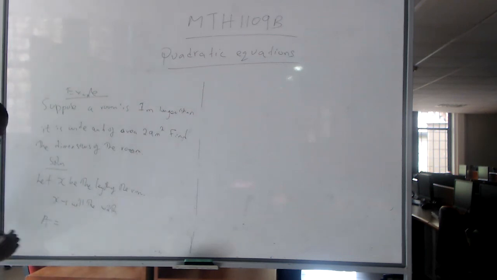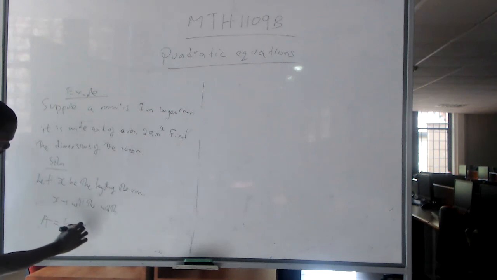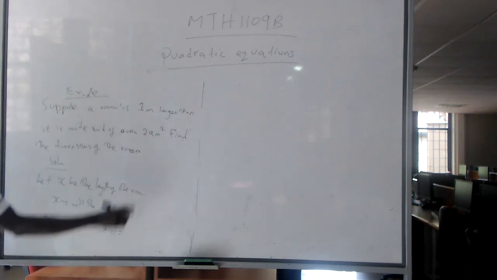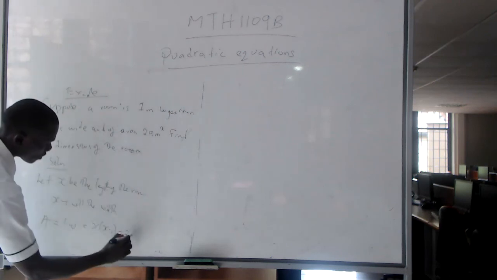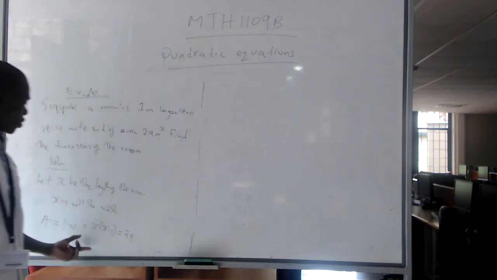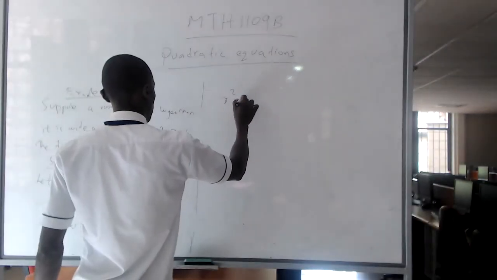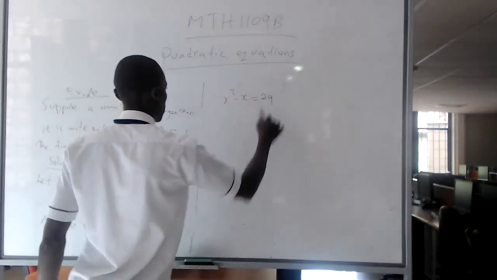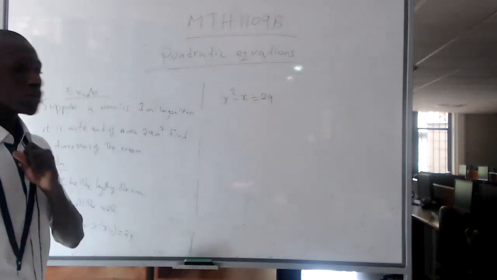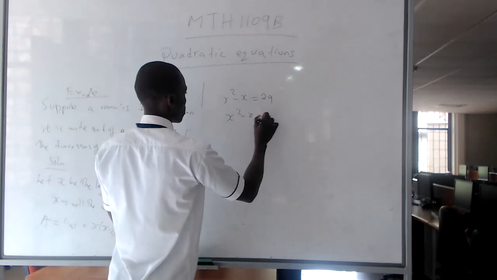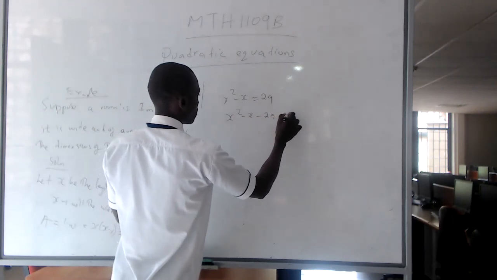Area is simply length times width. In this case, length is x, width is x minus 1, and we are given the area as 29. So multiplying out, you get x squared minus x equals 29, which is a quadratic equation, very easy to solve. So write this as x squared minus x minus 29 equals 0.